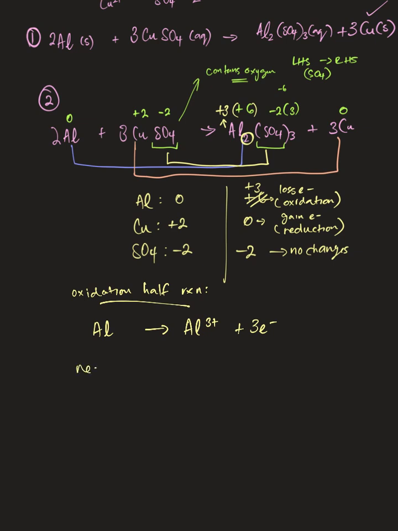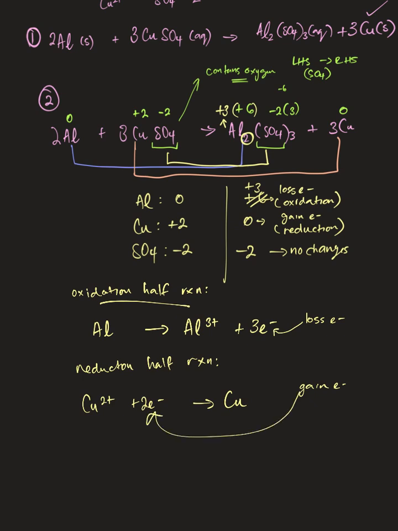Right, with the reduction half reaction, remember there's a gain, so it must be on the side of the reactants. It was Cu2 plus 2 electrons, and that would have given you Cu solid. Right, so here I can see that there was a loss of electrons, and here I can see there was a gain of electrons. How do I see it? Look at the position.